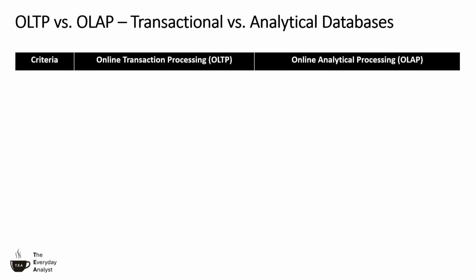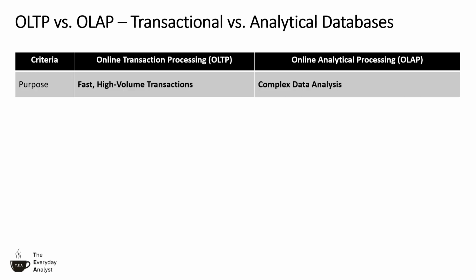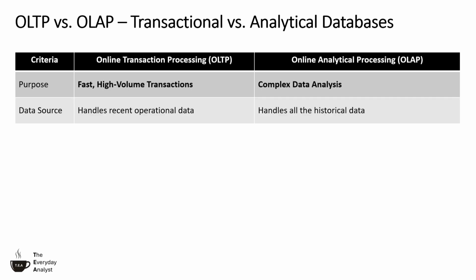The purpose of OLTP systems is to support day-to-day operations where speed matters, that is, fast, high-volume transactions. On the other hand, we have OLAP systems with a specific purpose, designed to serve complex data analysis. OLTP systems deal with operational or recent data versus complete historical data in OLAP.